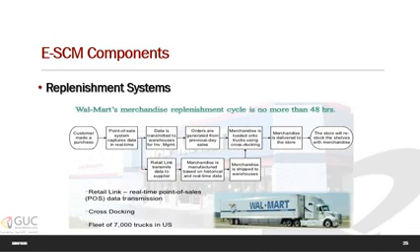We see this in the example of Walmart's replenishment systems, where the cycle takes no more than 48 hours from the customer placing an order till the store restocks the shelves with products. Using Retail Link, a real-time point of sale POS data transmission, the customer makes a purchase.